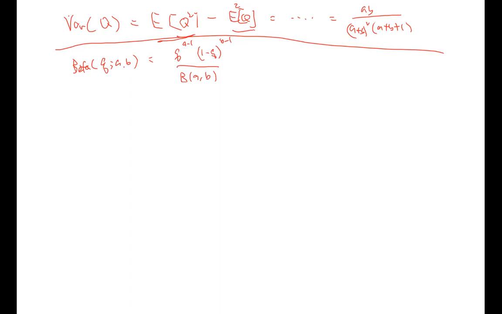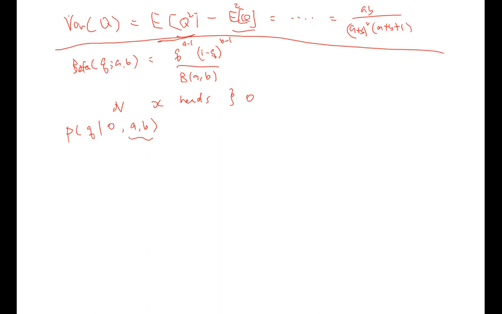Let's say I flip the coin n times, and I observe x heads here. Now, I want to compute the probability of this observation, let's call this observation O, given the prior, the beta prior here.